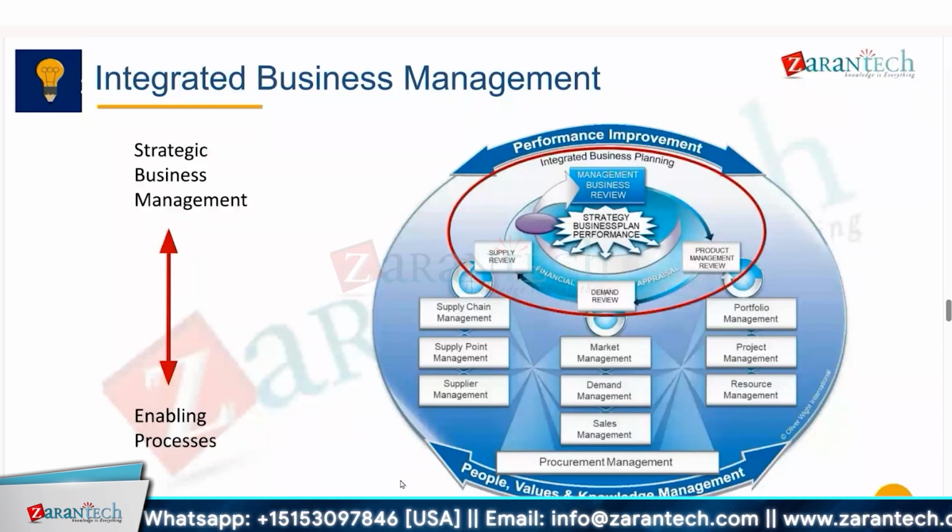On the right hand side, you see the product management review. This is something we have discussed in the last sessions, but it was never a focus area for the previous slides, because the previous slides were talking about the standard IBP process, but this particular picture is for a specifically designed IBP process suiting the requirements as per the customer need.